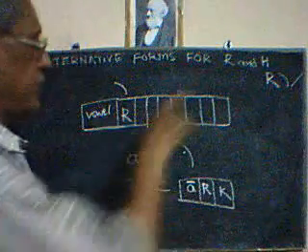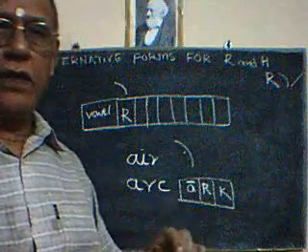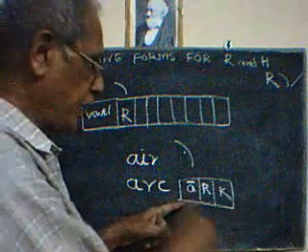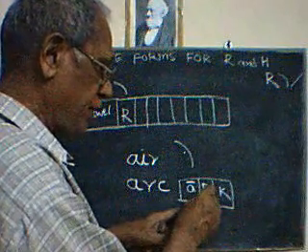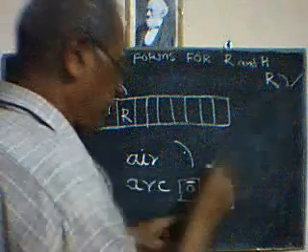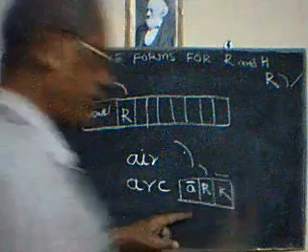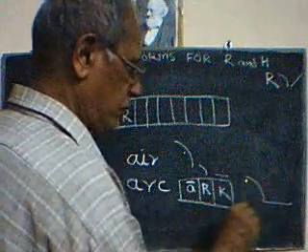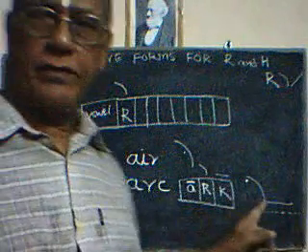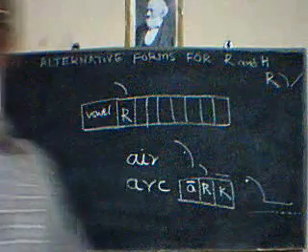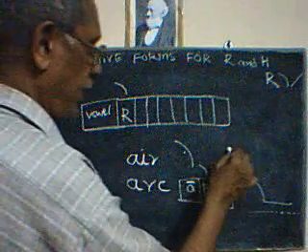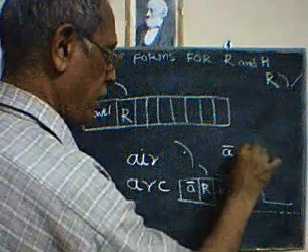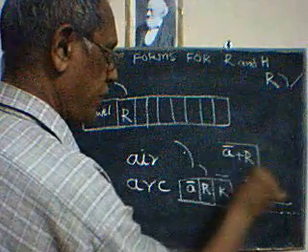Now, as per this rule, the initial R is written downward if a vowel precedes. Therefore, this R should be written with the downward form, then K. Now for air, it is A plus R. Only two forms are there.